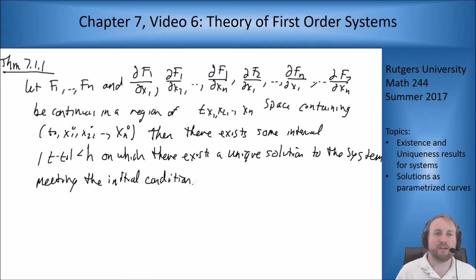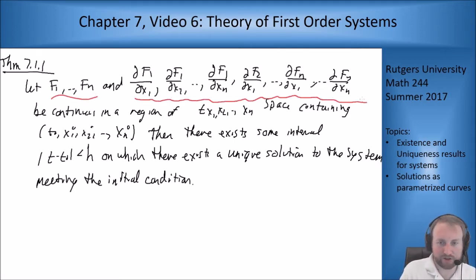All right, so here's the idea, theorem 7.1.1. As long as I have my functions f, which are my right-hand side equations in my system, and all of their partial derivatives in the x directions, so that's f1 in x1, x2, x3, up to xn, f2 in x1, x2, x3, up to xn, f3, f4, up to fn in all the directions as well.